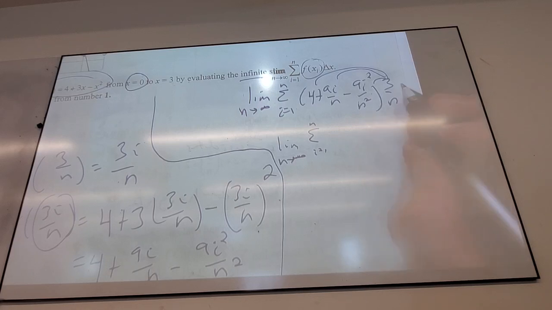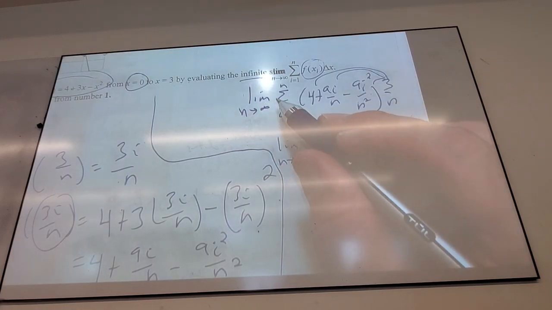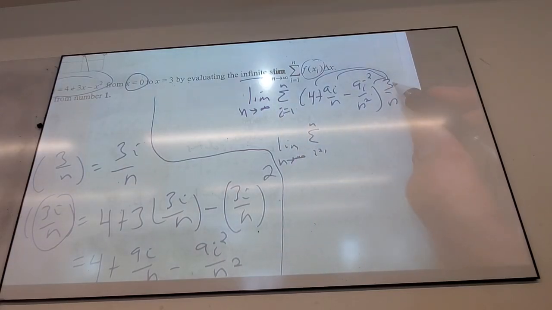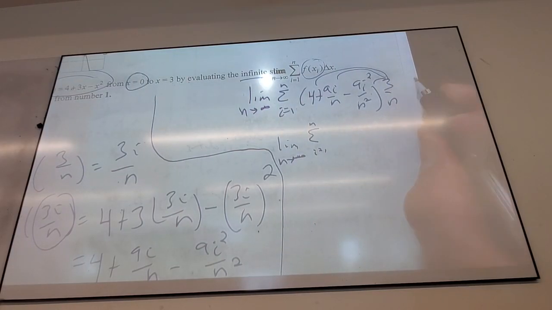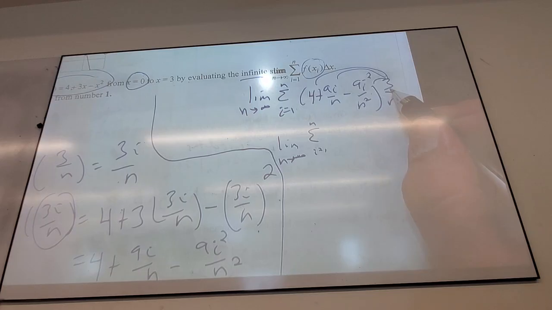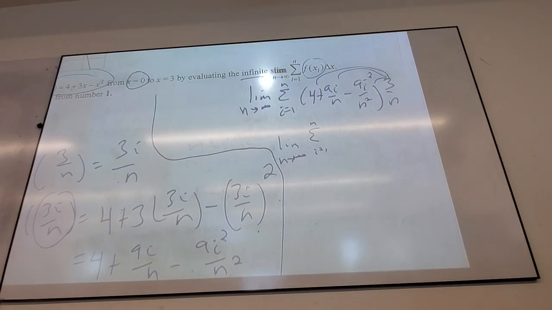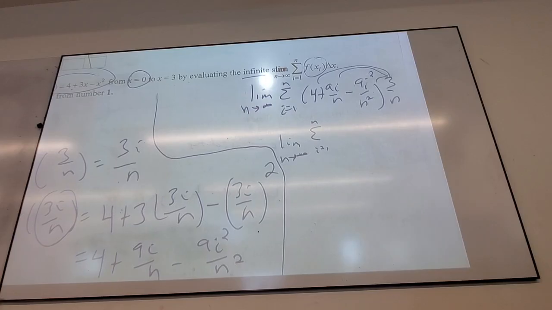Oh yeah, you could take the 3 out, sure. Does everybody notice you could take the 3 out? I mean, now you do, but maybe not before. So let's do it this way. It doesn't matter, it's not going to really affect things too much. But you could, totally.